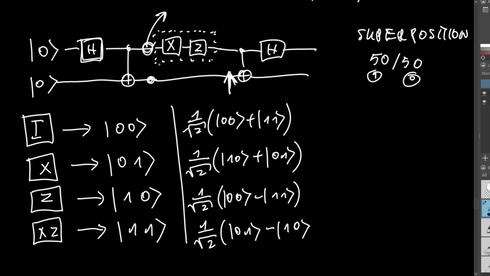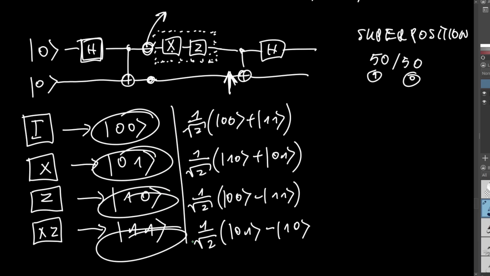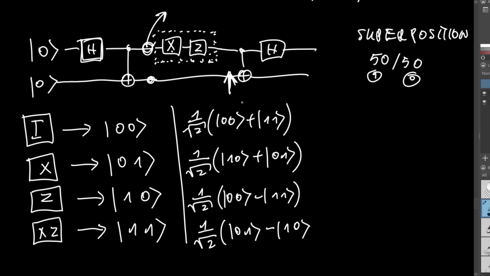Then the person in another galaxy can do those gates: do nothing, apply X, apply Z, or apply both. This way that person encodes these 4 states, depending on whether the bits are both the same or different, like 0, 0, or 1, 1, or 1, 0, 0, 1.